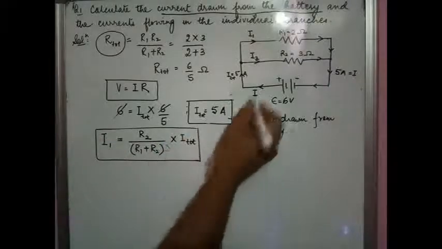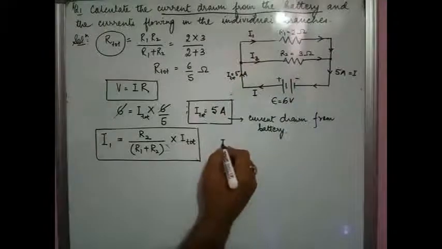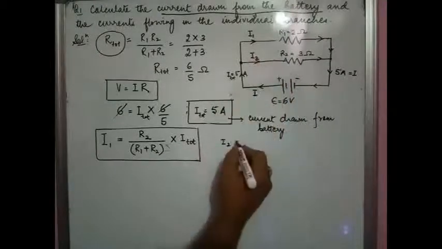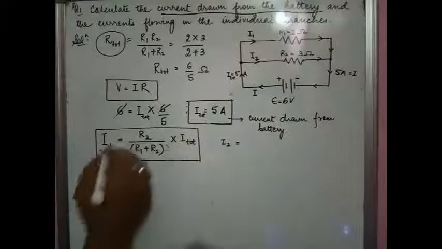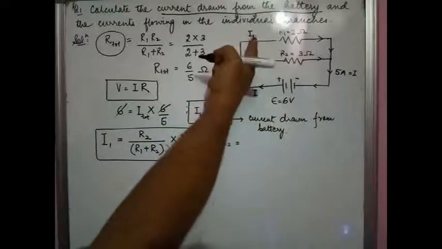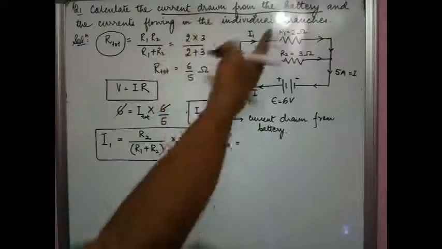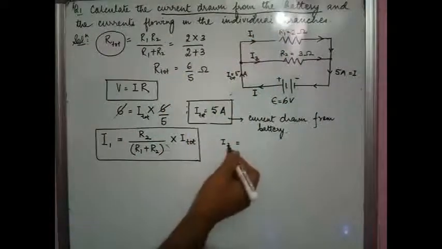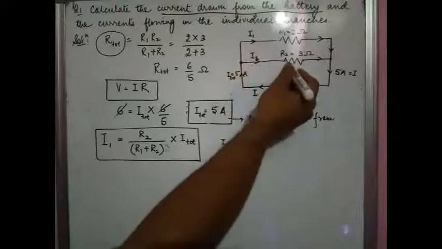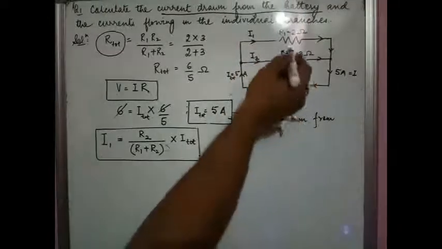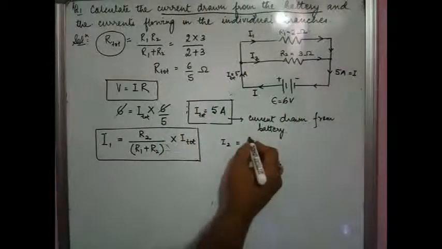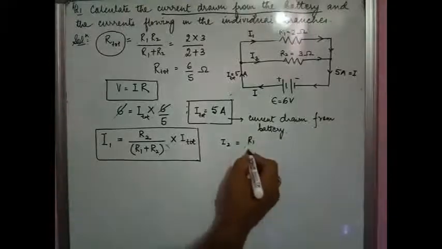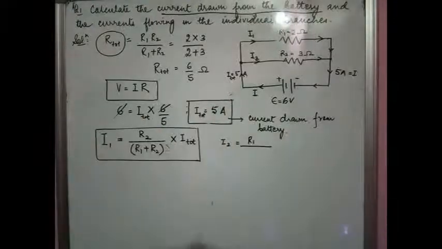Similarly, for calculating I2, which is the current in the second branch, what will you do? Again use the same formula. When we calculated current in the R1 arm, did we take R1? No, we took R2 at the top. Similarly, when we want to calculate I2, which is the current in this arm, we will not take this resistor, we will take the other resistor, which is R1. Now why are we taking alternate resistances is because remember I and R are inversely related.